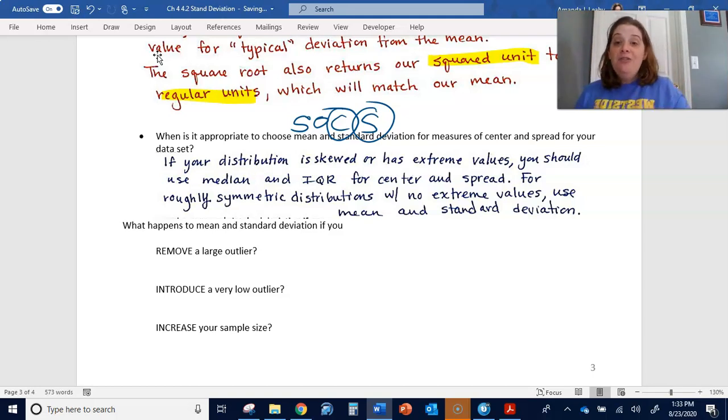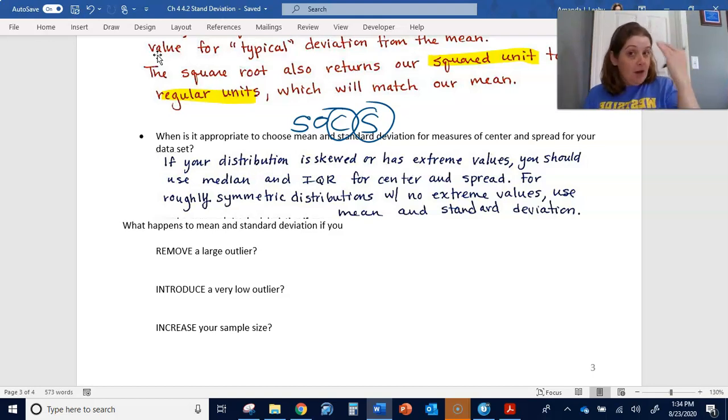If your distribution is skewed or has extreme values, most of the time we want to use median, because remember, median is a resistant statistic to those. That's a better representation of a typical value and a typical difference. And if you're going to use median, that pairs up with interquartile range. If your distribution is roughly symmetric or it doesn't have extreme outliers, you want to use mean and standard deviation.